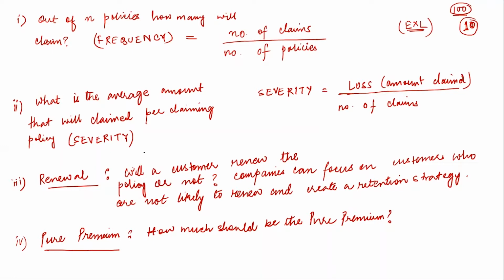Okay. Now comes renewal. Renewal essentially is the question of whether the customer will renew the policy or not. Some companies can focus on customers who are not likely to renew and then create a retention strategy. Essentially, you want to figure out who's likely to renew and who is not likely to renew, and you can create a strategy for getting more and more renewals, right?